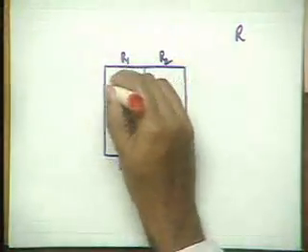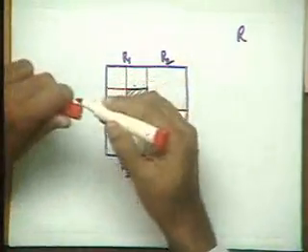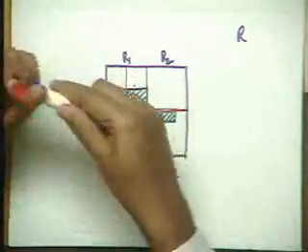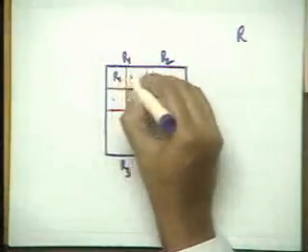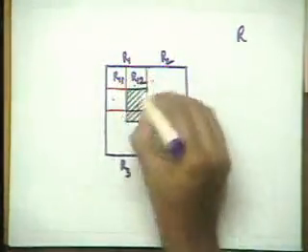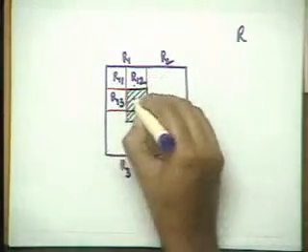Now all the other regions, that is R1, R3 and R4, I got P(Ri) as false. So I should subdivide those regions further. For R1 I get 4 subdivisions, call them R11, R12, R13 and R14.